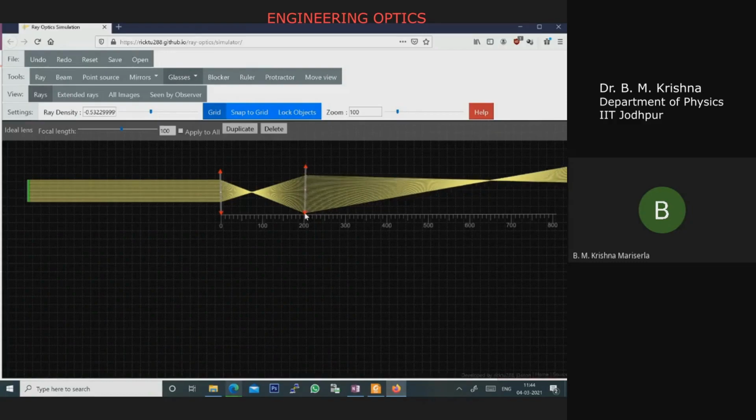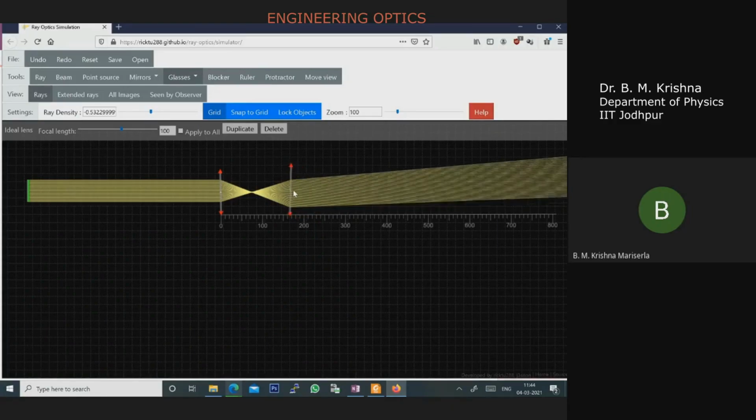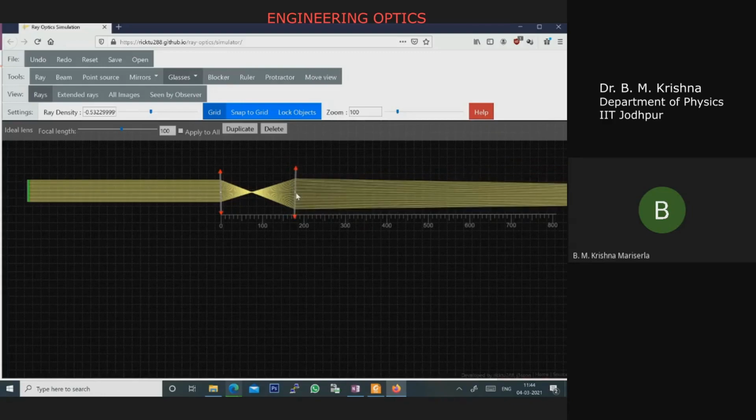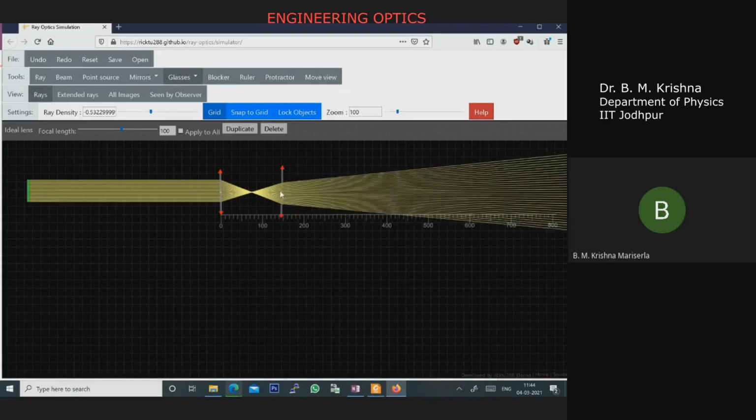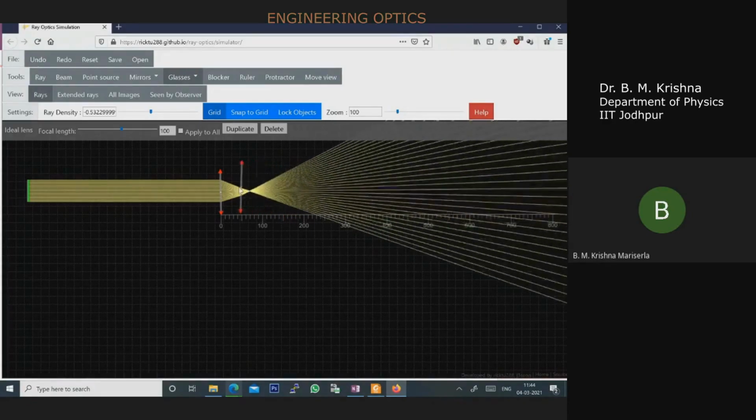I will place this one accordingly. You take one more lens and try to bring it in, and see how you collimate.